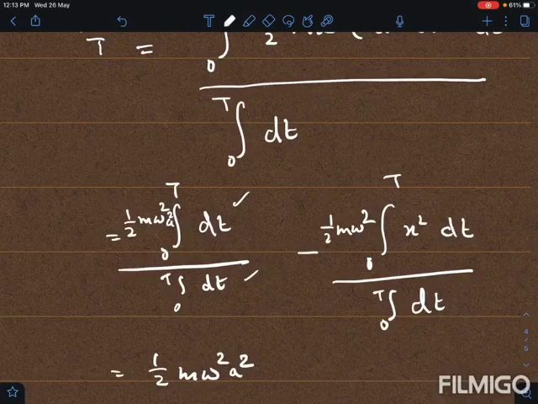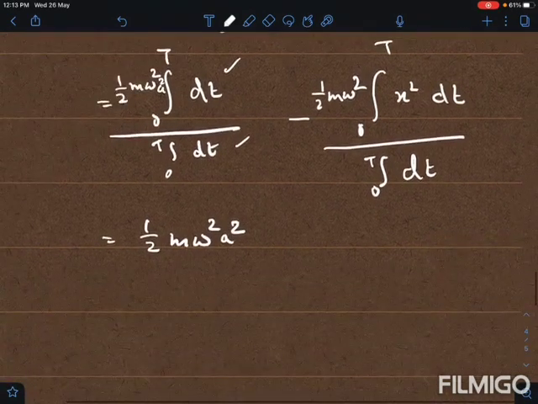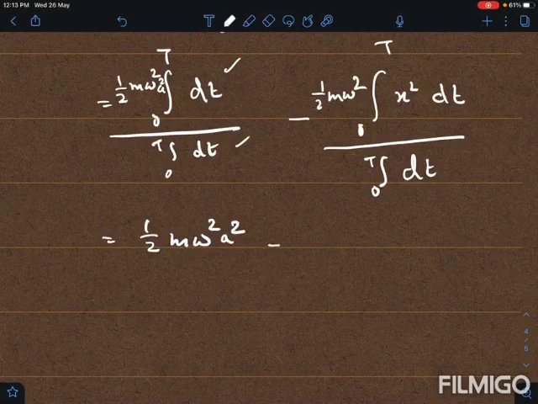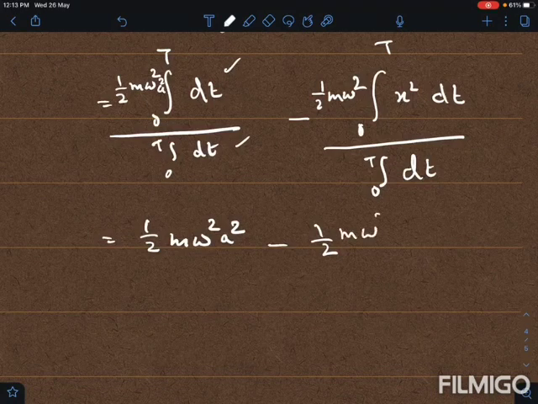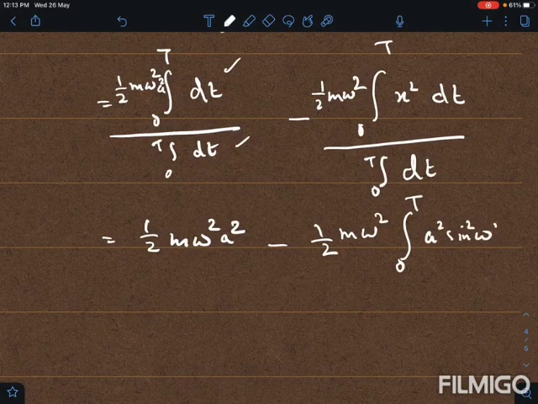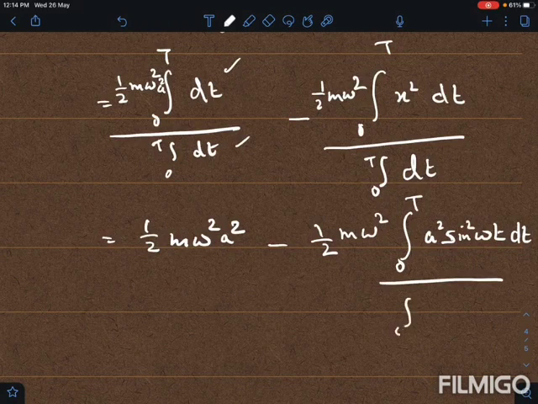Now about the second part. Here you can see that it is x square. So you can substitute for x as x is equal to a sine omega t. So you have m omega square integral 0 to T of A square sine square omega t dt by integral 0 to T dt.